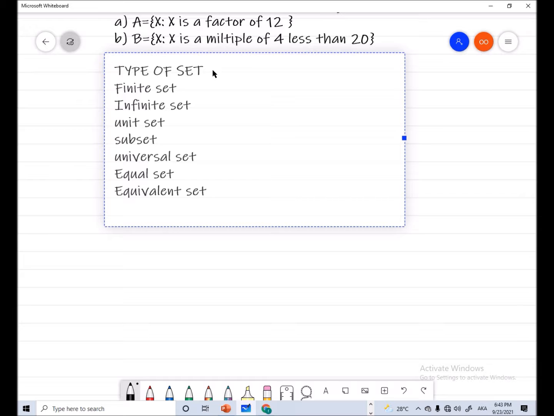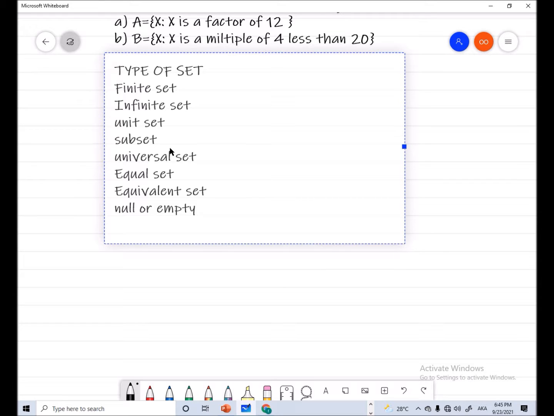We have a lot. So we have finite sets, infinite sets, unit sets, subsets, universal sets, equal sets, equivalent sets, and let me add the null or empty set.